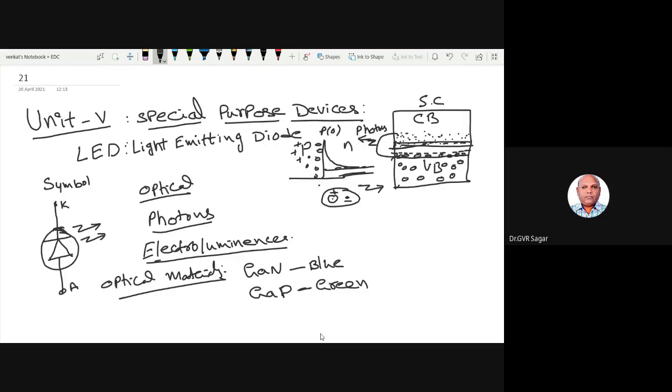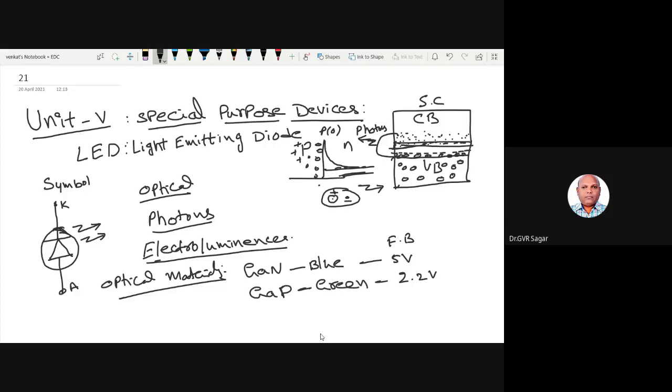If you take gallium nitride, it requires a forward bias of 5 volts to generate this blue light. If you take the green light, only 2.2 volts is enough using the gallium phosphide. Like this, there are many more.